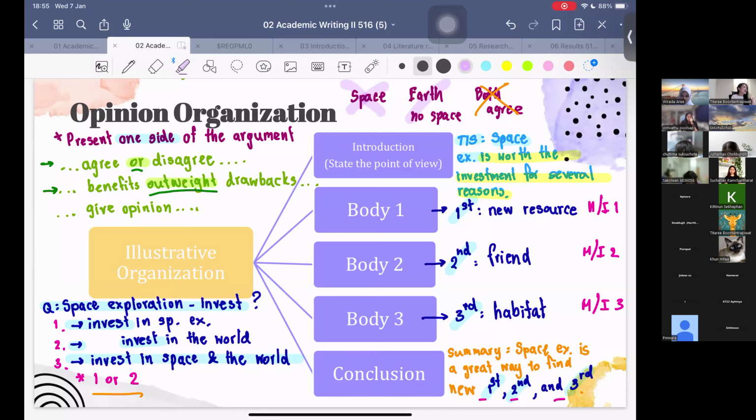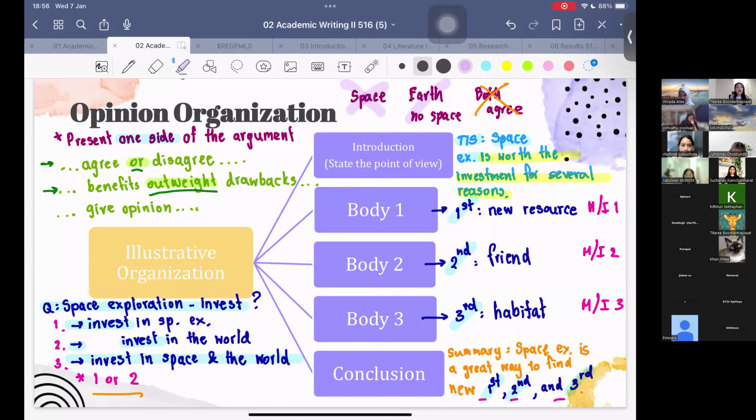And then body paragraph 3 is going to be talking about habitat. We need to do space exploration in order to find a new place to live. And maybe the detail can be because the earth is this and that, natural disaster, this and that. So you can go on for that. So 1 main idea per 1 body paragraph.